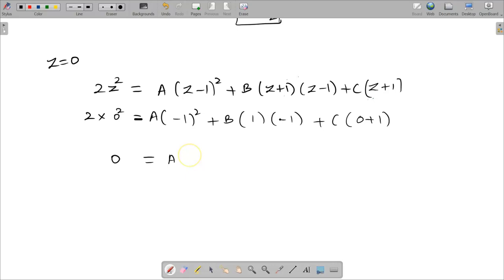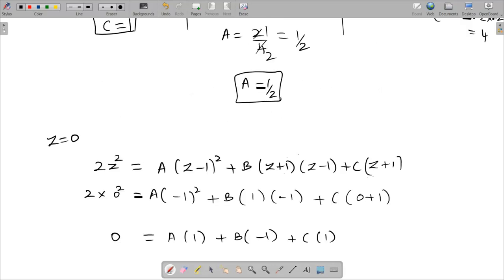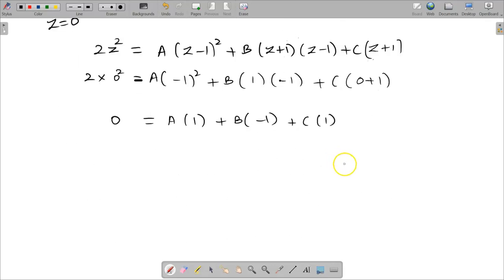So minus 1 the whole square, it is minus 1 into minus 1, which is plus 1, plus b into 1 into minus 1 it is minus 1, plus c into 0 plus 1 it is 1. And we have determined already the values, a is equal to 1 by 2, c is equal to 1. So such values we can substitute here. 0 is equal to a value, it is 1 by 2, 1 by 2 into 1, plus b value I don't know, so b into minus 1, plus c value it is 1, 1 into 1.